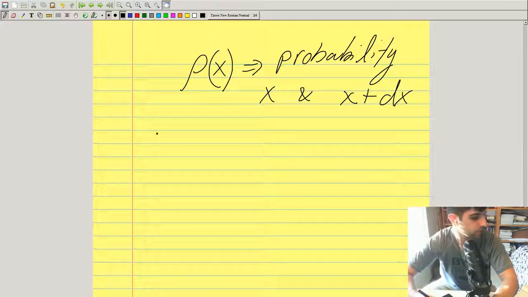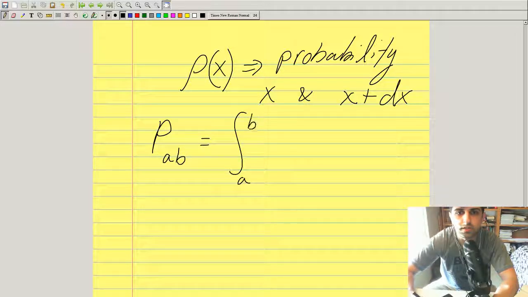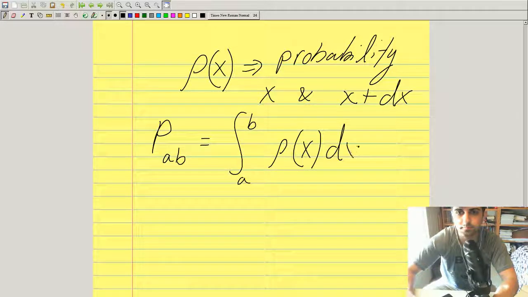What that means is that the probability to be between a and b is the integral from a to b of rho of x dx.